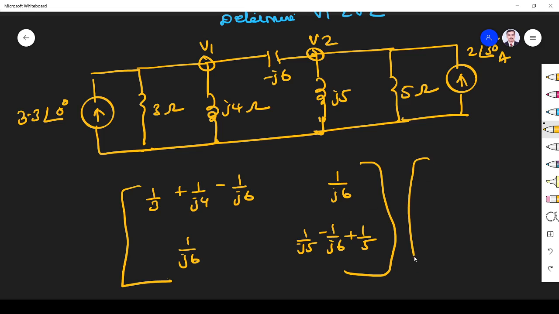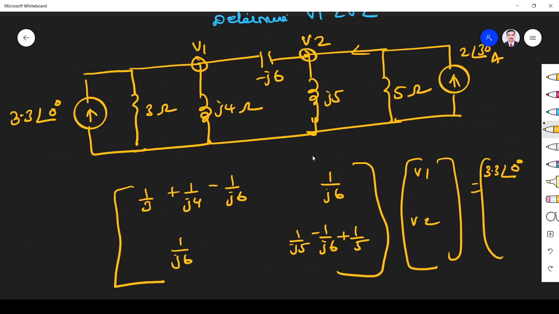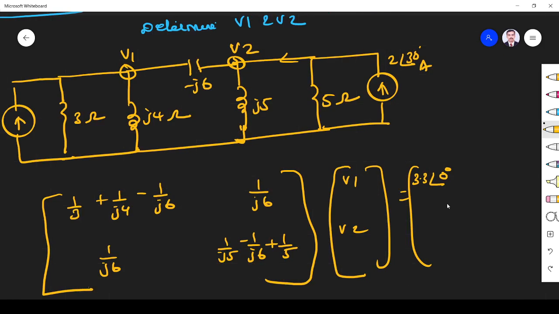Right. Next, what we have to do? Next, we will see. So this is V1, V2. What is the I1 current in node 1? 3.33 angle 0 degree. Incoming, so plus symbol. Here also current is incoming, 2 angle 30 degree. Right? So this is also incoming current. Okay. Fine.